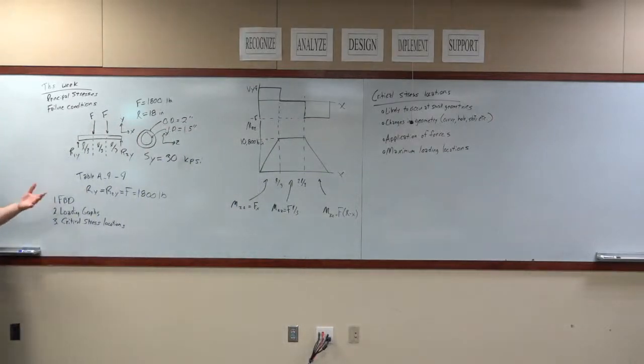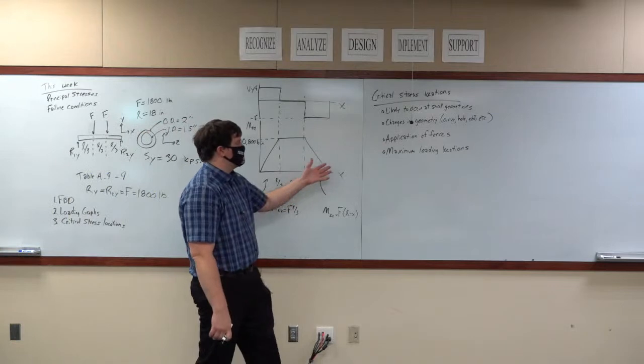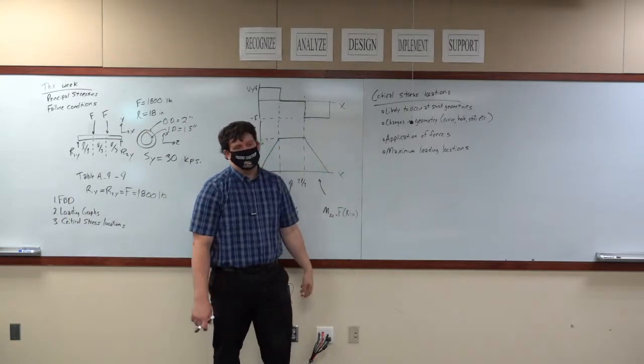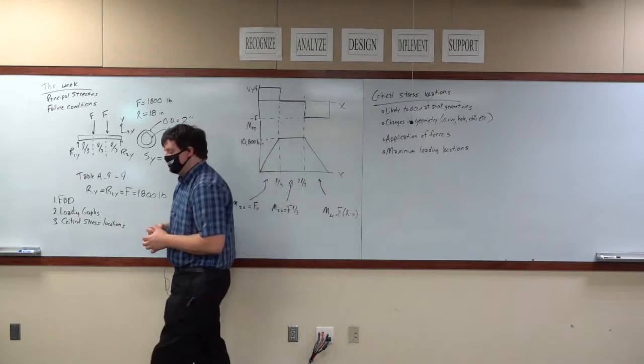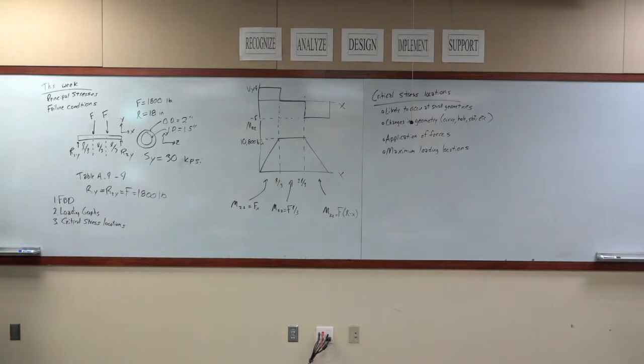But we don't need to on this one because we don't have those. We do have loads, which are kind of important for failure. So one of these two are going to identify where our critical locations are. Or actually both of those should identify where your critical locations are.